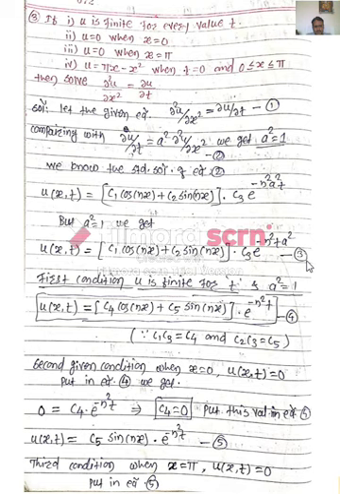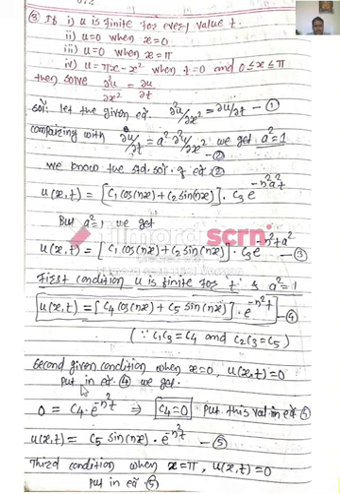This is equation number 4. Then the multiplication of c1 and c3 is c4, which we put here, and the multiplication of c2 into c3 is c5, which we put here. So we get equation number 4.